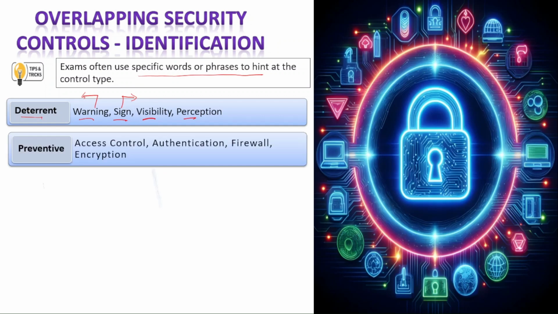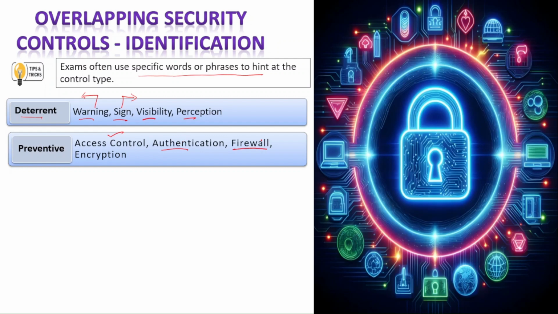If you see these words or phrases containing these words, then it should hint towards the deterrent type of security control. Similarly, for preventive, if there are access controls such as ACL inside a router or a firewall, authentication, because if you don't have a username and password, you cannot log into a system. So when authentication is required, practically it prevents access to a system without the credentials.